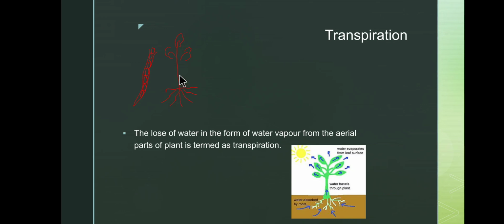What is transpiration? The loss of water in the form of water vapor from the aerial parts of the plant. Now, aerial parts of the plant are what? Leaves, mainly leaves. What is going to happen? The roots will absorb the water from the soil, take it up through the xylem vessel, help in spreading of water throughout the plant, and a little bit of water is lost in the form of water vapor through the process of transpiration.